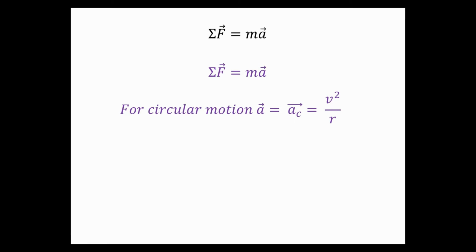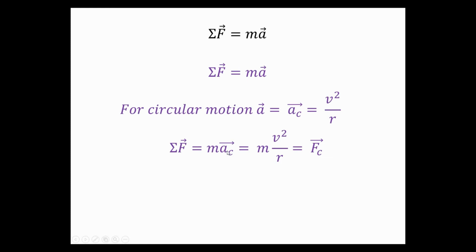So we're ignoring the direction because the direction is constantly changing, but it's v squared over r. Now, the sum of forces needs to be equal to our mass times the centripetal acceleration, which means it'll be equal to our mass times v squared over r, and that's the main way that we look at it in class, where mv squared over r is what we refer to as the centripetal force. I prefer the centripetal force way of looking at it, but both are perfectly applicable.